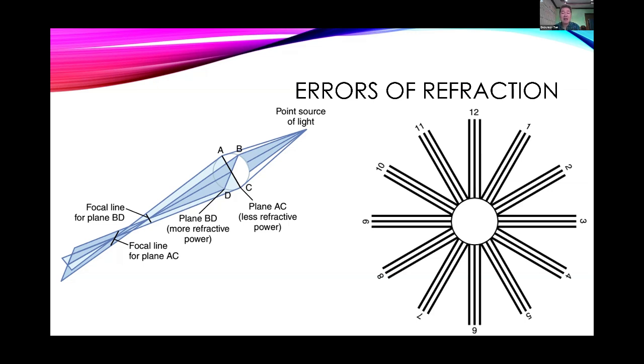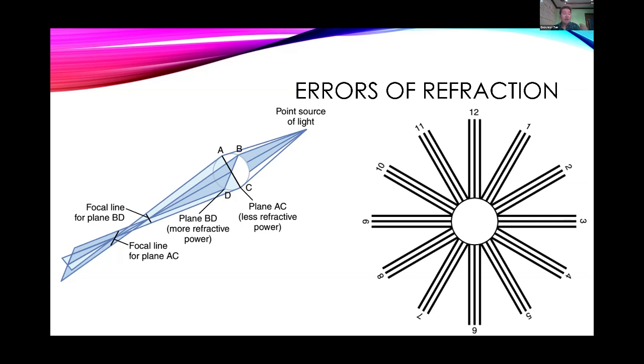Some patients with astigmatism might have a perception that at this particular angle, at this particular degree, this is sharper, this is darker, lighter, because they have an error of refraction, or what we call your astigmatism. Astigmatism, they might have a different perception of the sharpness of an image at different degrees or at different angles.